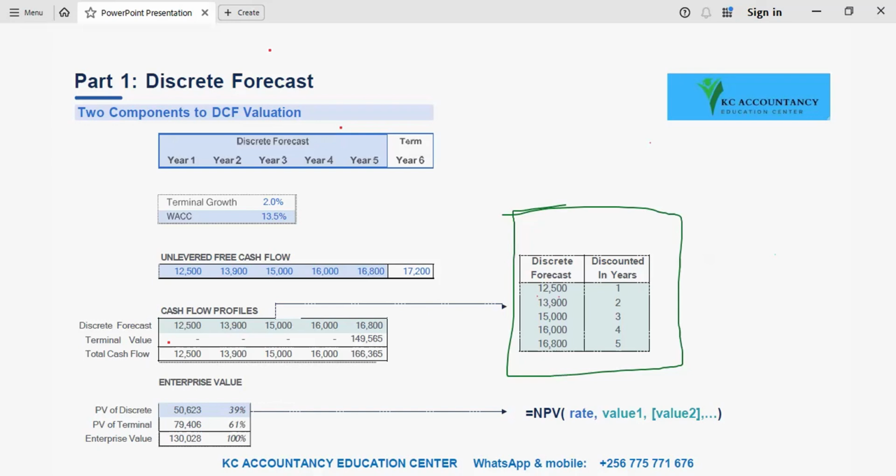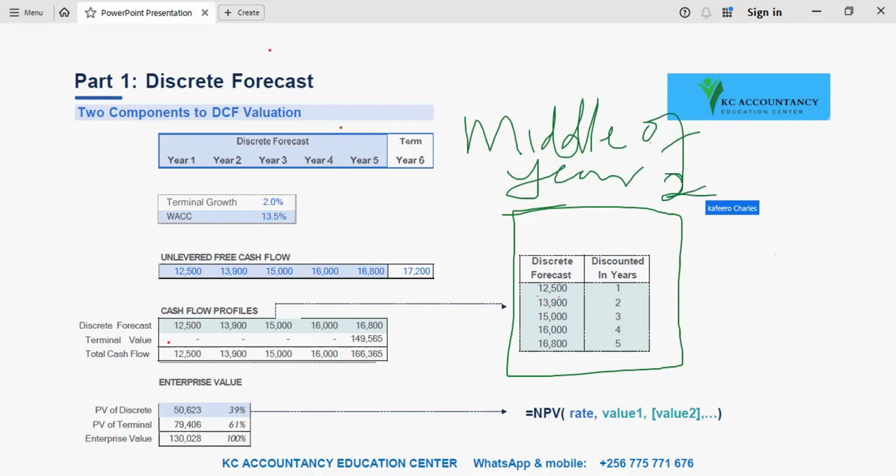In other words, if the cash flows are coming in the middle of the year, let's just use year 2, maybe in the month of June, we want to make sure that the NPV function we use gives us the present value in the middle of year 1.